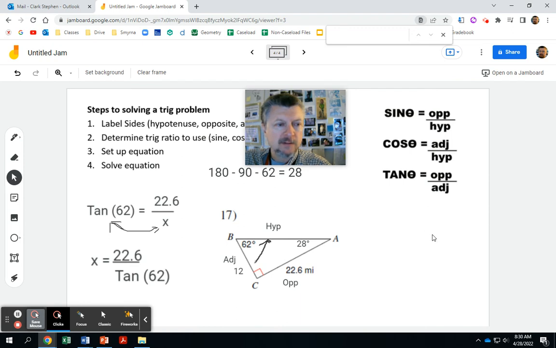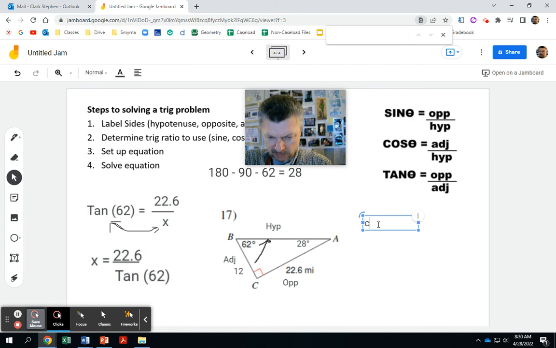All right. So I'm going to set up another equation. I'm going to use the adjacent. Let's say the adjacent is 12, so that's nice. We'll do adjacent and hypotenuse. You could do the opposite and hypotenuse. Either way is fine. So I'm still using 62 degrees. Adjacent over hypotenuse is going to be cosine.